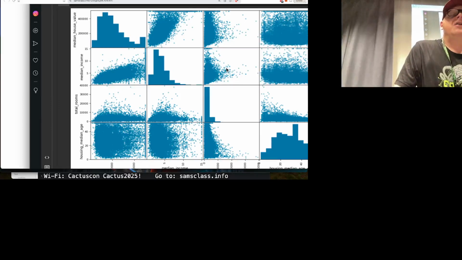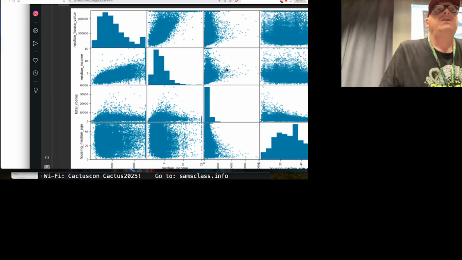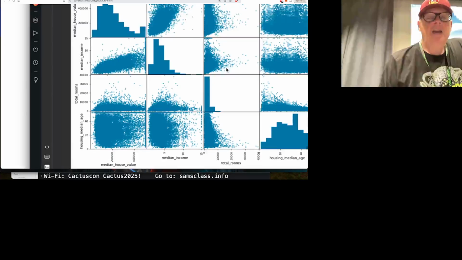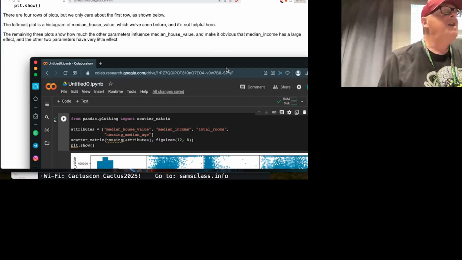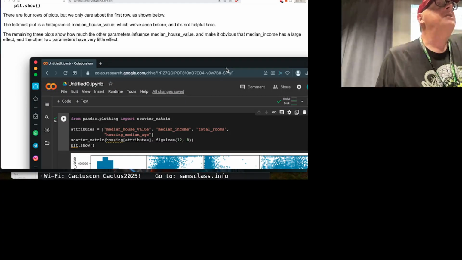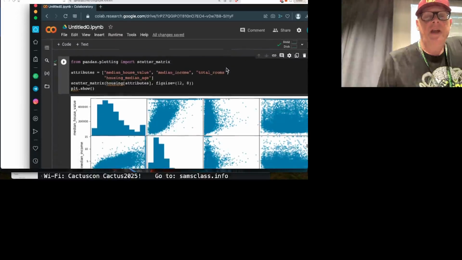You often combine the raw data, like square it or cube it or multiply or divide two things together to create a new measure that is more useful. And that wouldn't make sense if they were really independent measures, but they're not. They're connected to each other in ways. So it turns out here that there's a bedrooms ratio, which is the number of bedrooms divided by the number of rooms. That's more predictive than just the total number of rooms of house value, that sort of thing.